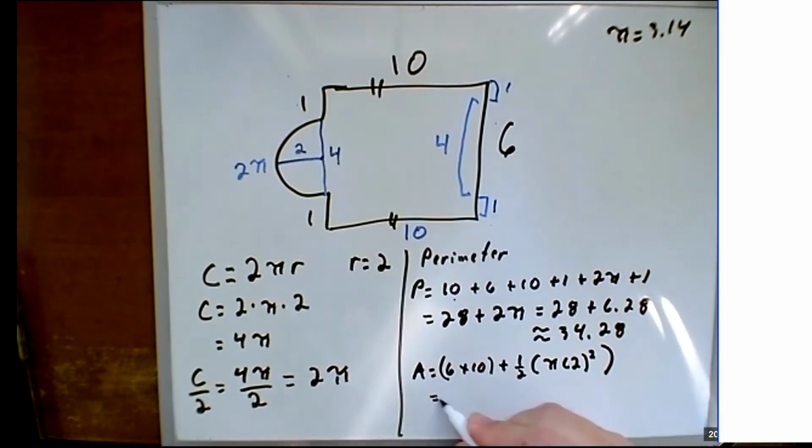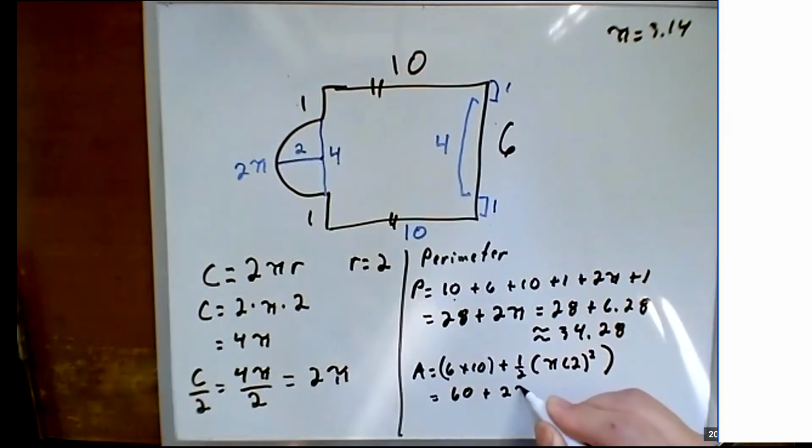We'll work out these numbers. 6 times 10 is 60. 2 squared is 4. Half of 4 is 2. So again, we're back down to 2 pi. That's our exact answer.